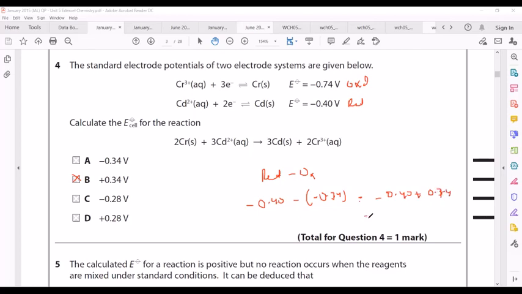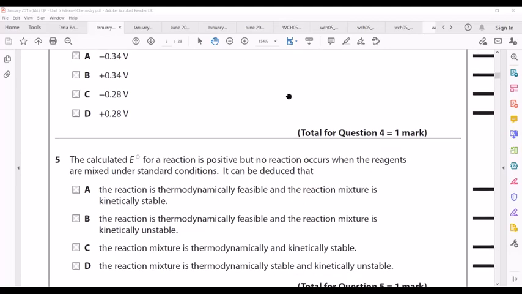That will come out as 0.34 volts. And if I reverse the equation, for example, if the same equation was given but I reverse the direction of the arrow, then it will be -0.34. A negative cell voltage means that it is not a spontaneous reaction. A non-spontaneous reaction will have a negative electrode potential.